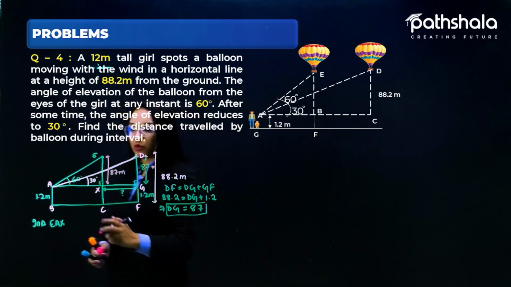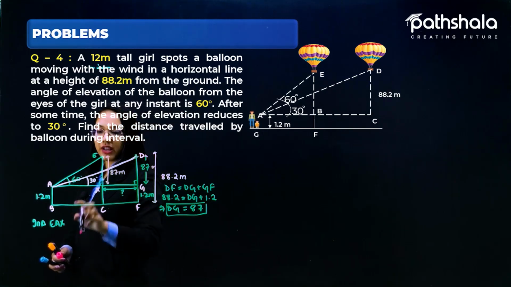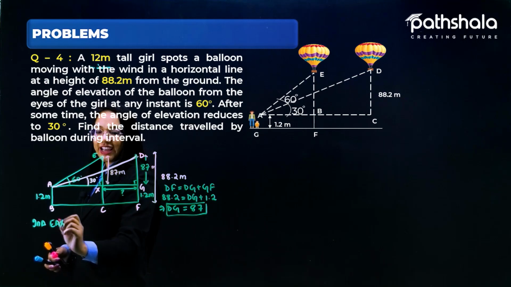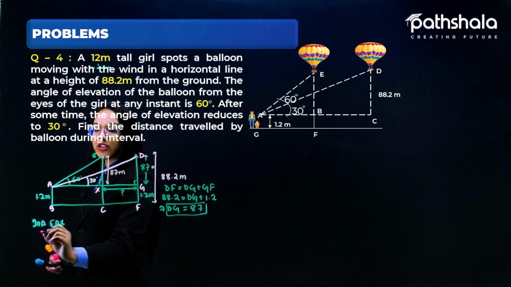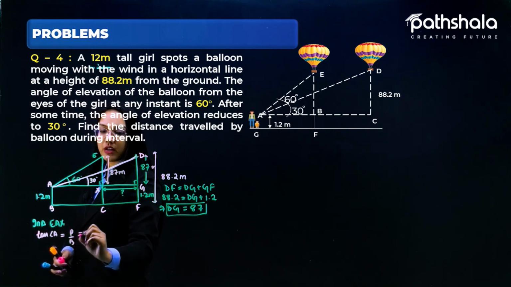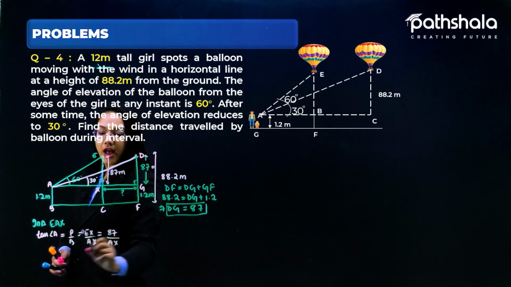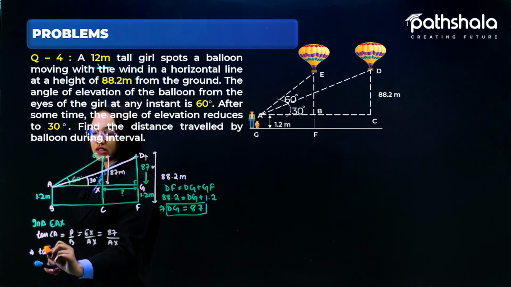Now let's calculate the value of AX. How can we calculate AX? First of all, in triangle EAX, we know that tangent of the angle A is perpendicular by base. Perpendicular is EX and base is AX. We know the value of EX as 87. We have to calculate AX, and we know that angle A is 60 degrees.